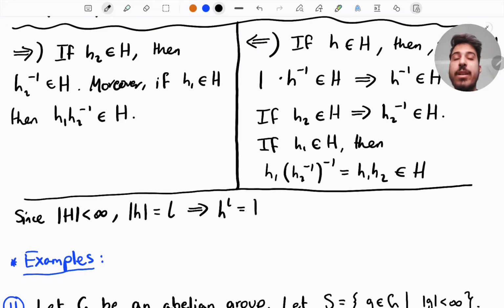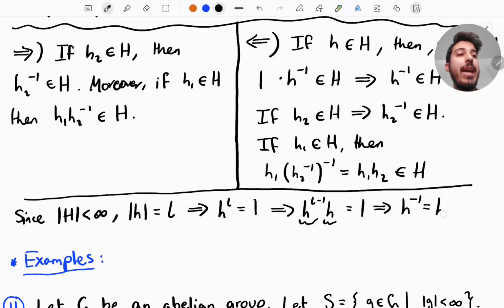Now we will use a neat trick to figure out what the inverse of h is in this case. We will separate h to the L into h to the L minus 1 times h, and this equals 1. And now we can see that the inverse of h is h to the L minus 1 because their product gives the identity element. So this means that the inverse of h is equal to h to the L minus 1.